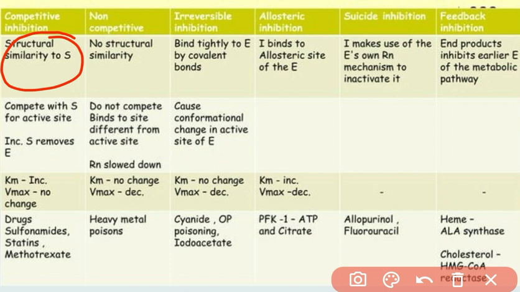Enzyme activity is restored by increasing the substrate concentration. In non-competitive inhibition, there is no structural similarity between the inhibitor and the substrate. In irreversible inhibition, the inhibitor binds tightly to the enzyme through a covalent bond and does not fall off, and the enzyme activity is permanently destroyed.